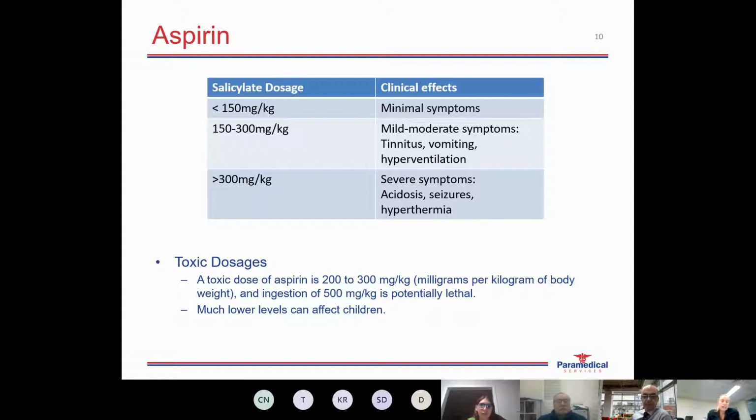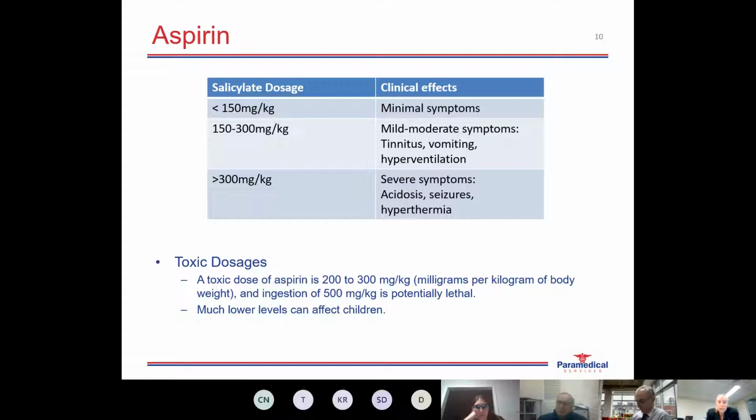So our last slide, we'll just look at some effects of taking salicylate drugs and overdoses or toxic doses. So when we look at anything less than 150 milligrams per kilo, the patient will have quite minimal symptoms.